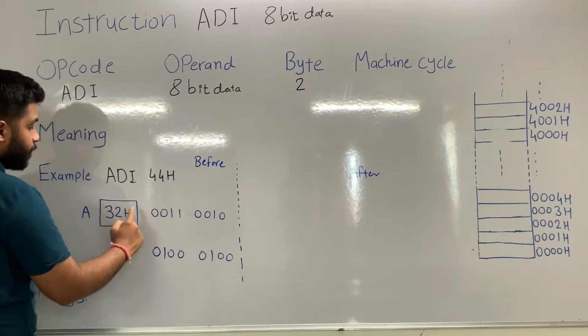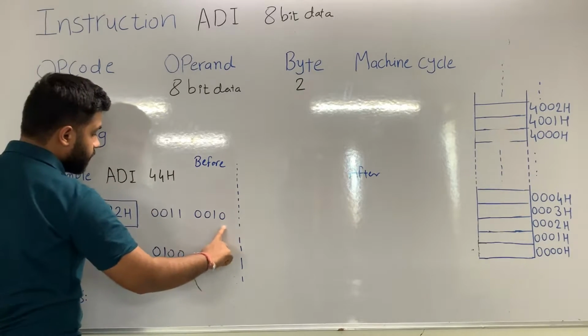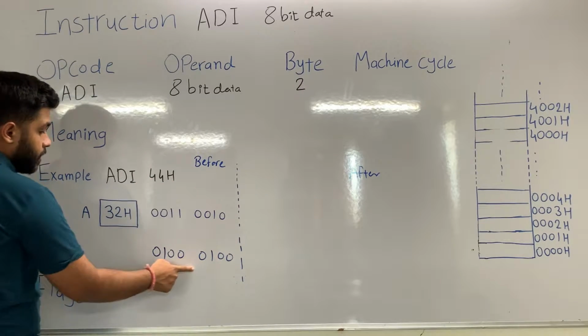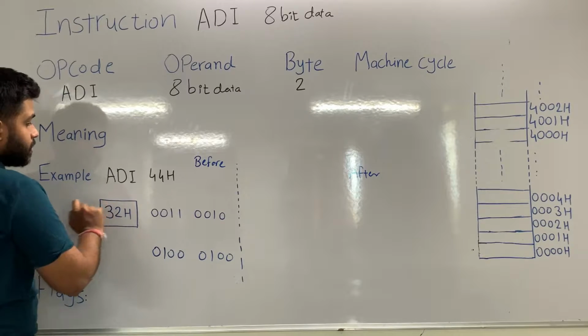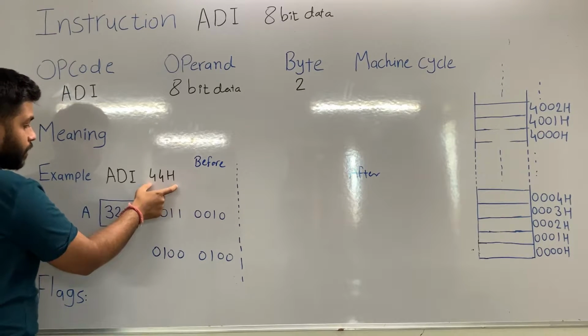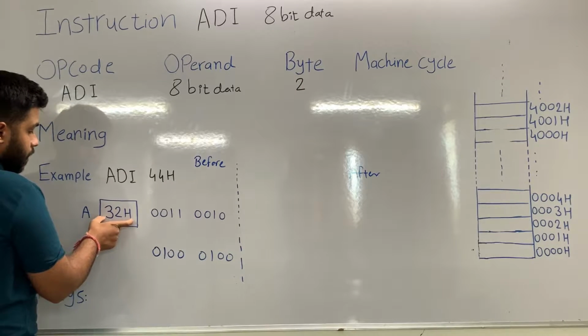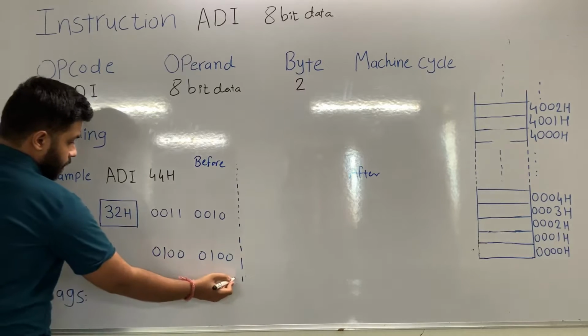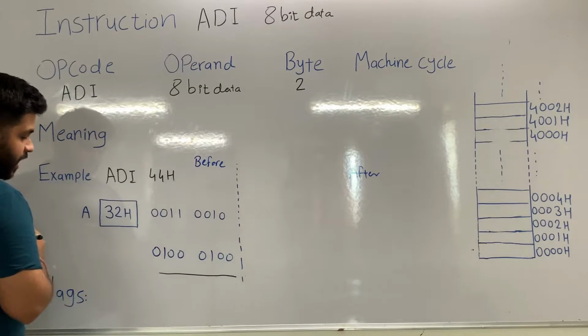In hexadecimal, if you convert into binary, you will get this number. The 44H is represented in the binary. So when this instruction is executed, ADI 44H, the 44H and the content of accumulator will be added together and the answer will be stored in the accumulator.